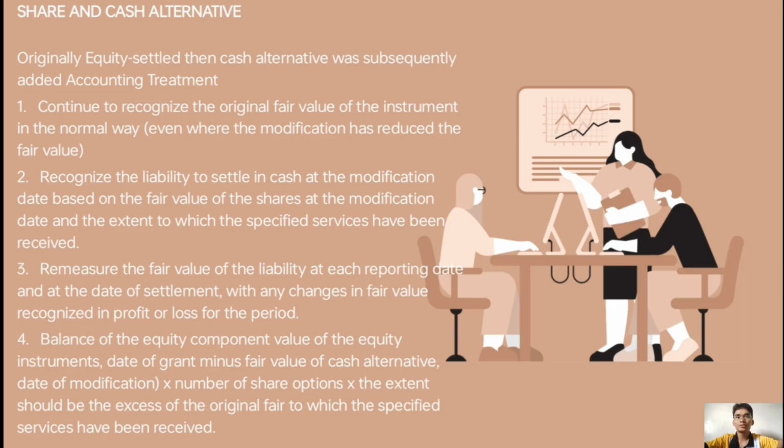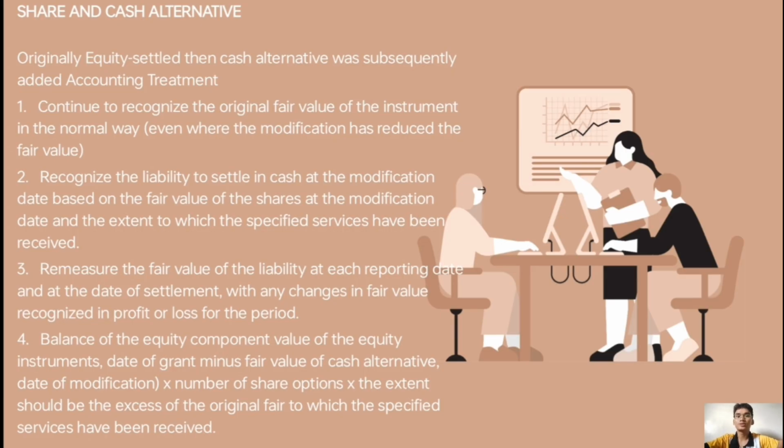Third is to remeasure the fair value of the liability at each reporting date and at settlement. Unlike equity settled transactions, the cash alternative liability must be remeasured at fair value every reporting period until settlement. Any changes in fair value are recorded in profit or loss, reflecting fluctuations in market value.